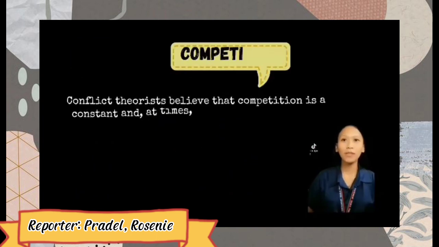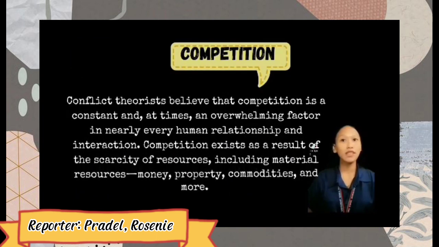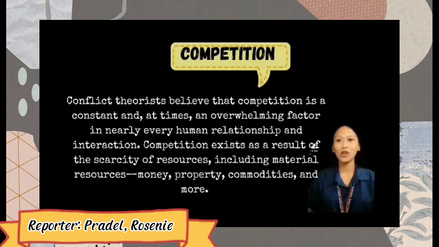Conflict theorists believe that competition is a constant, at times an overwhelming factor in nearly every human relationship and interaction. Competition exists as a result of the scarcity of resources, including material resources, money, property, commodities, and more.